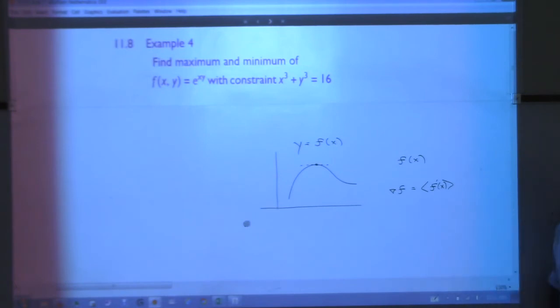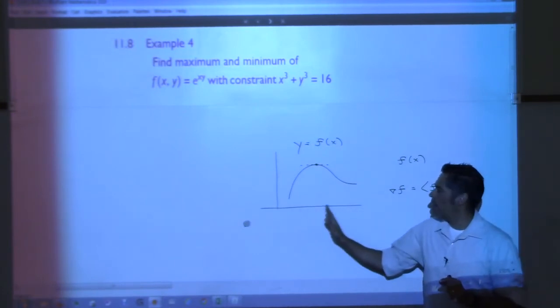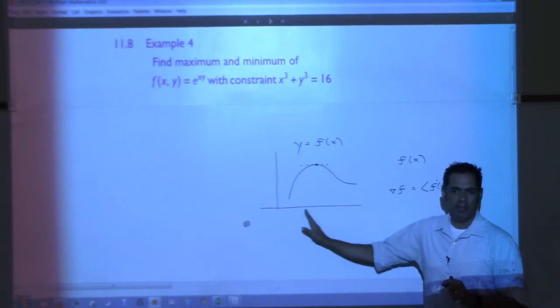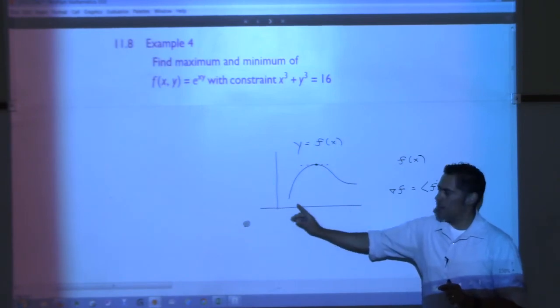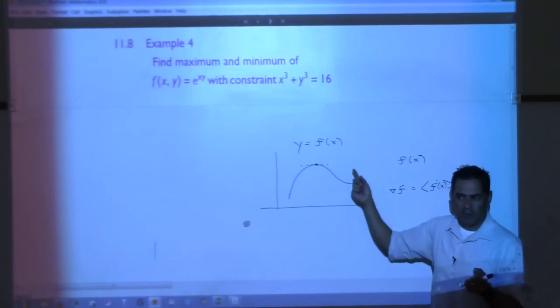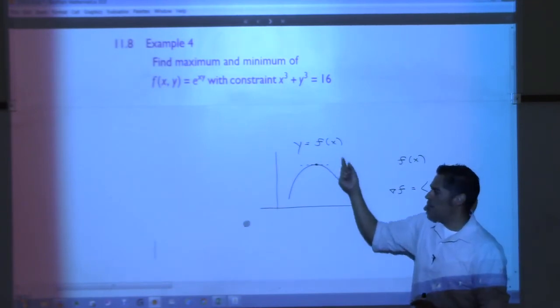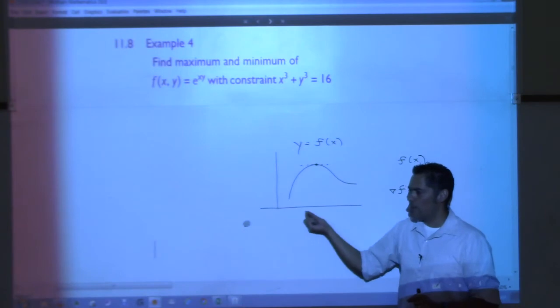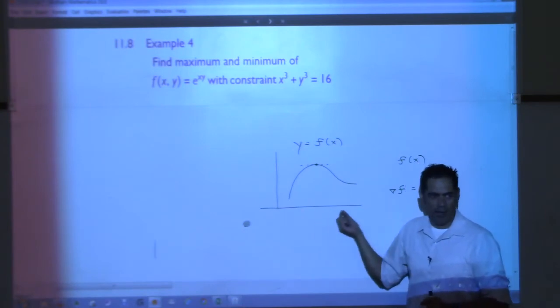Now, what would the constraint be? This is the part that is a little odd. The constraint is that your x values have to come from anywhere on this number line. Your input is x, and if I'm constraining you to the number line, what's the equation of the number line? y equals 0, right?